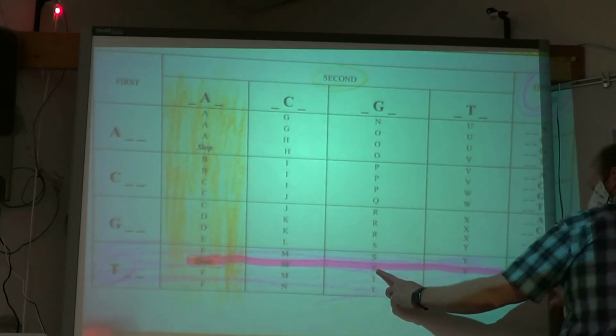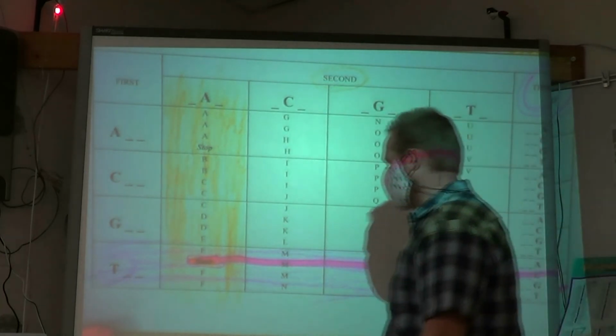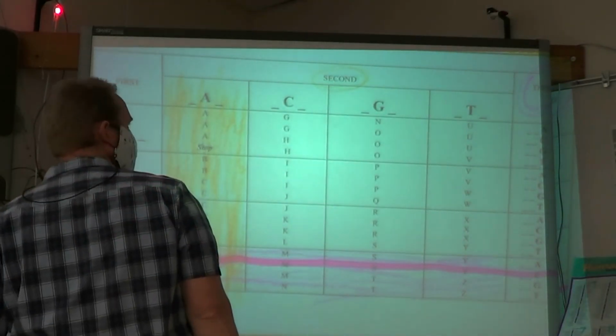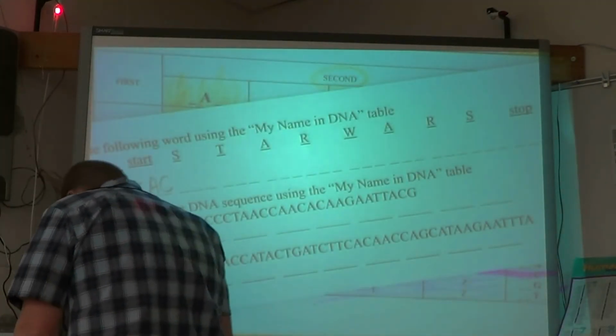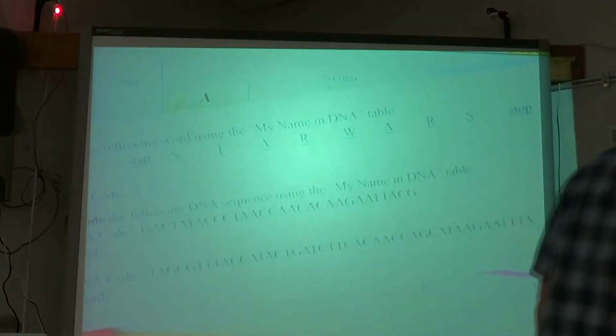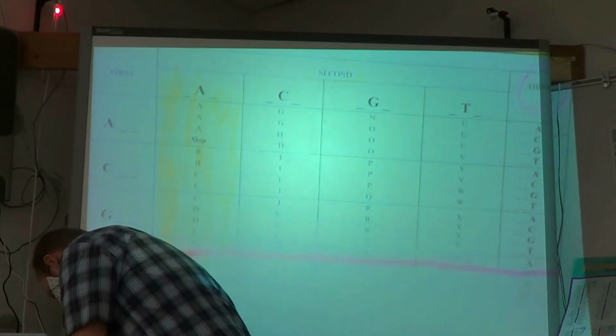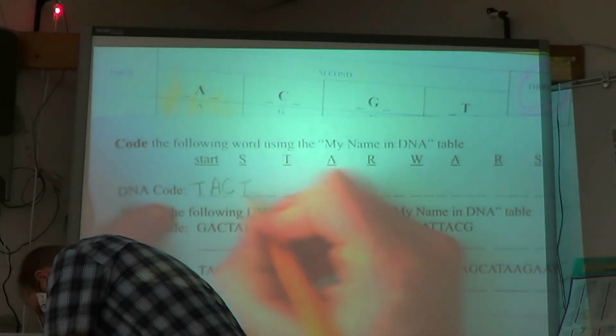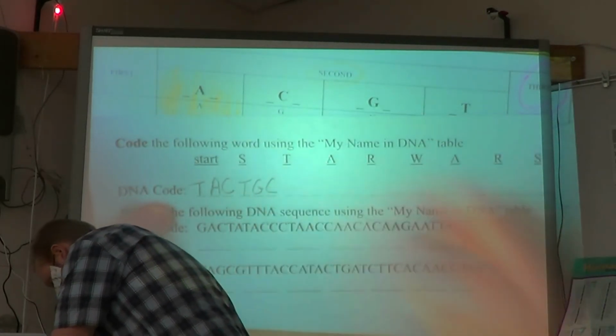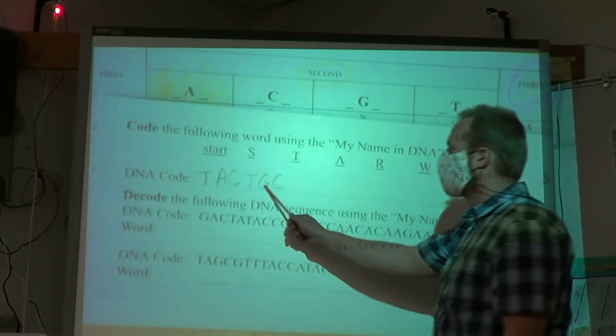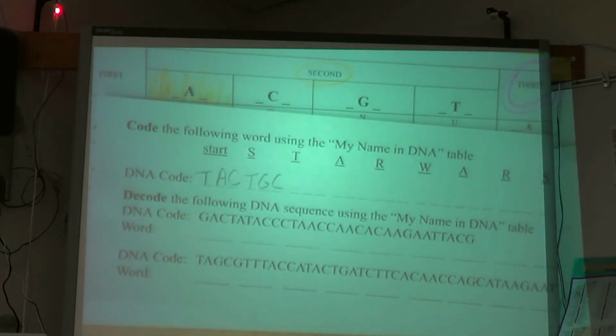C. So it's T, G, C. Those 3-letter nucleotides, called a codon, that codon codes for the letter S.